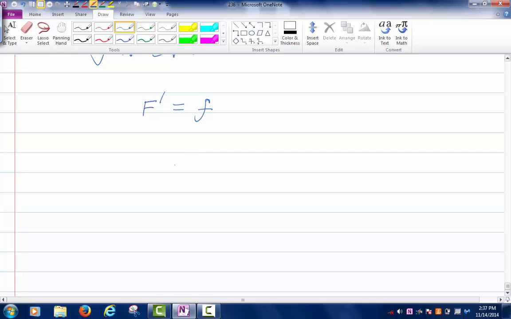If I take the derivative with respect to x of capital F of g of x, so g is another function, and then multiplied by g prime of x.